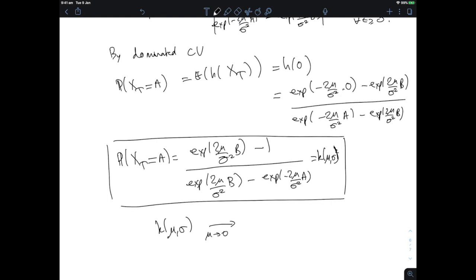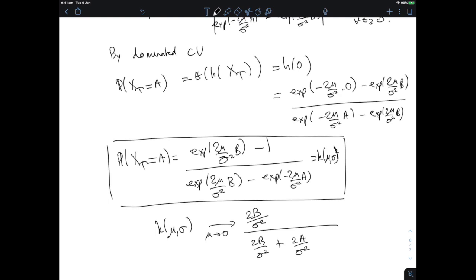If mu tends to 0, you're going to pick up a derivative at the top, and this derivative is going to be 2b divided by sigma squared, and then that's divided by, sending mu to 0, 2b divided by sigma squared plus 2a divided by sigma squared.